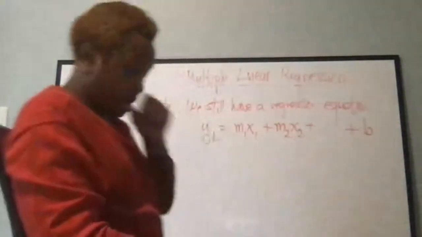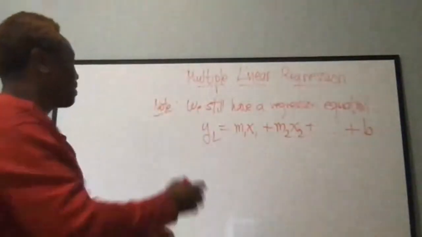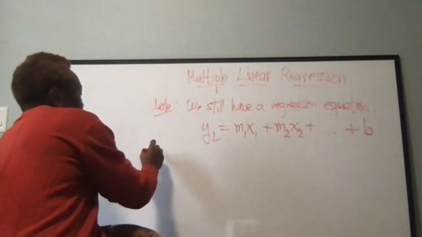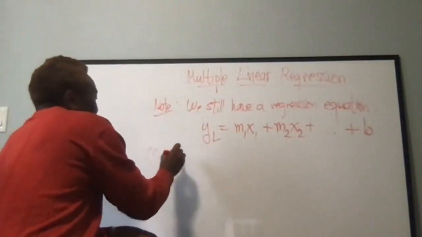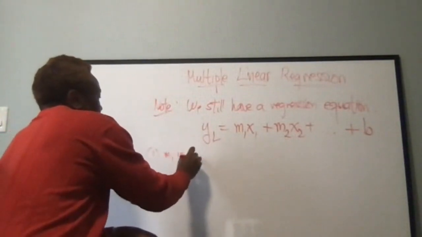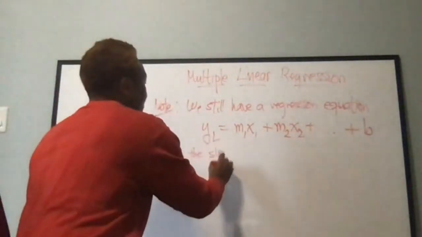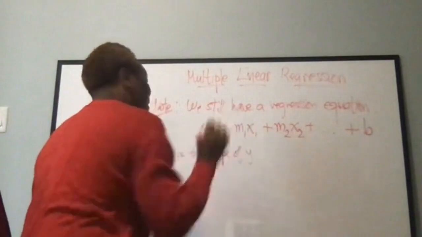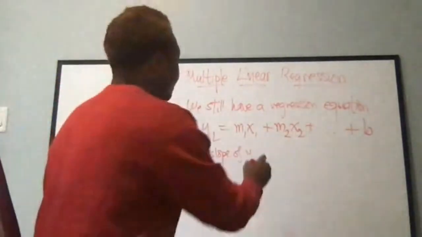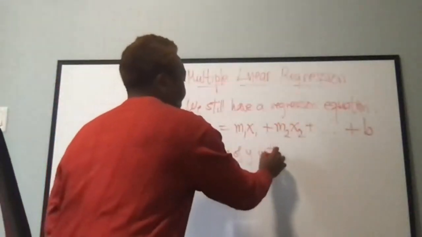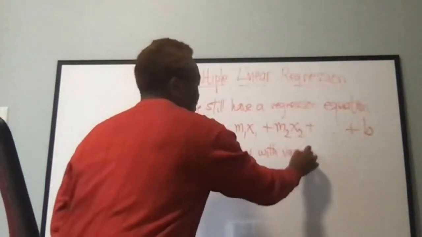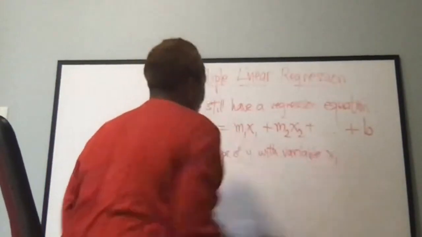All right, so just in terms of figuring out what these are, we're going to say number 1, M1 is the slope of y with variable 1.